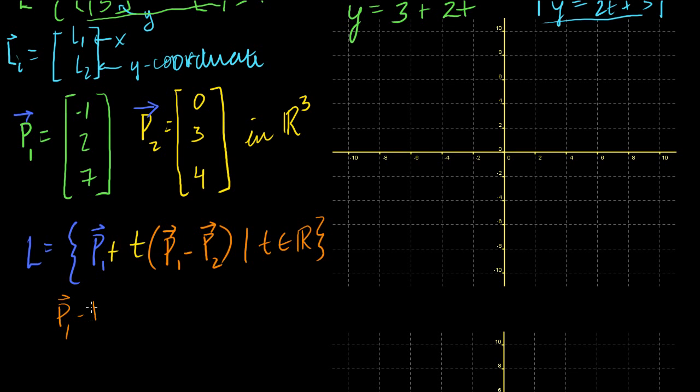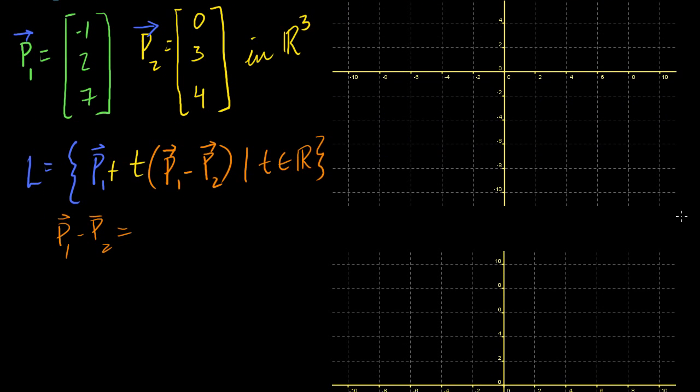P1 minus P2 is equal to, let me get some space here. Minus 1 minus 0 is minus 1. 2 minus 3 is minus 1. 7 minus 4 is 3. So that thing is that vector. And so our line can be described as a set of vectors that if you were to plot it in standard position, it would be this set of position vectors.